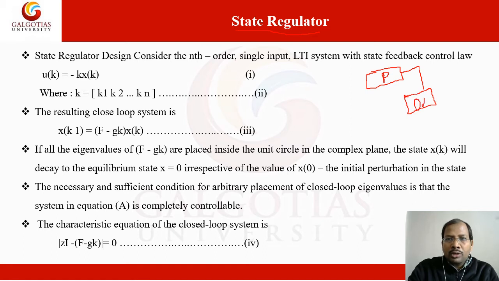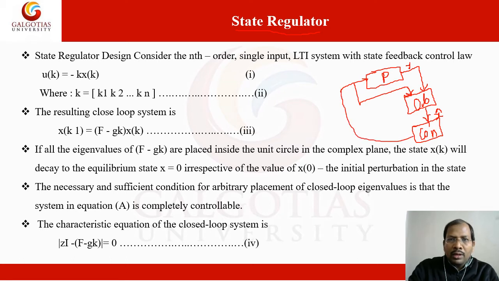This is the observer I have drawn, and this is the input. This input is also applied to the observer, and the observer estimates the states, suppose this is X cap, and here we get the Y. This estimated state we apply to the controller or control law, and it gives the u. So u is given here. Like that we have to design.